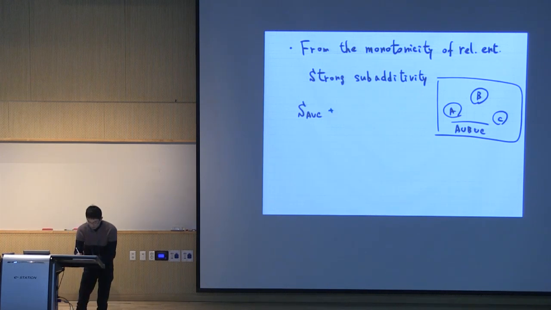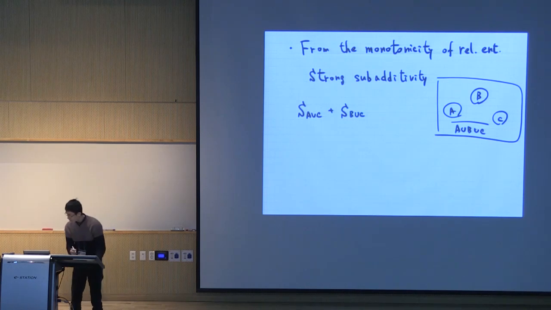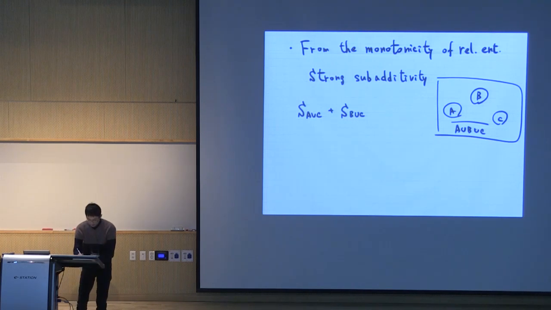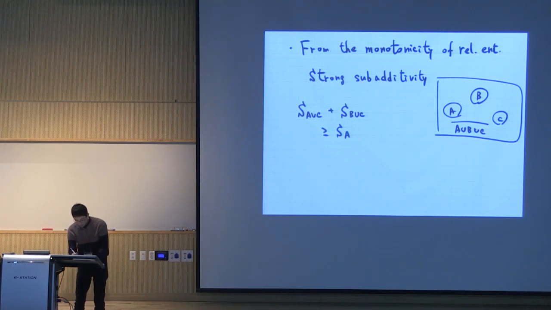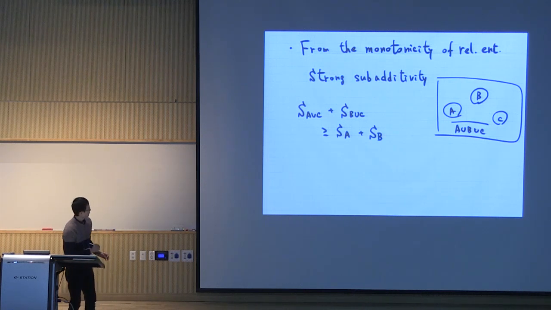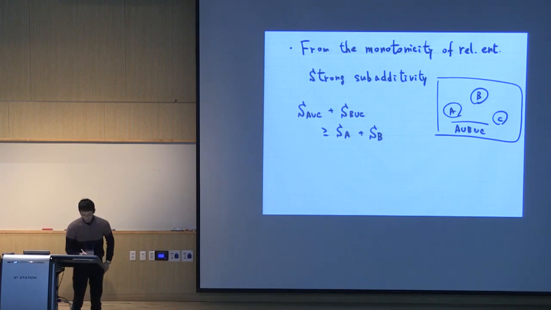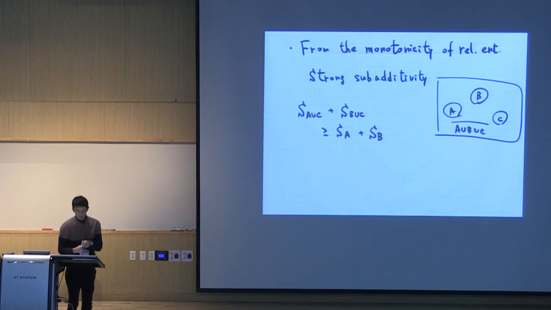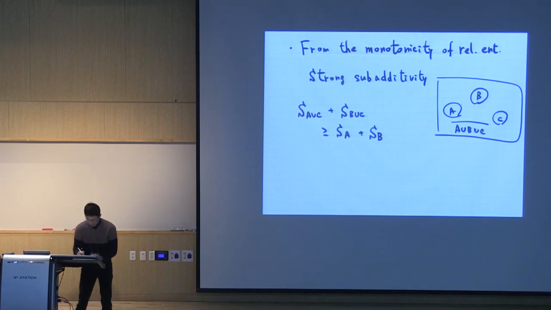Then the strong subadditivity means this. This is a non-trivial inequality, which follows from the monotonicity of the relative entropy. And actually, the strong subadditivity is equivalent to the monotonicity of the relative entropy.